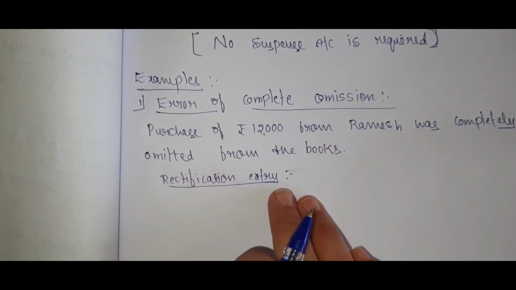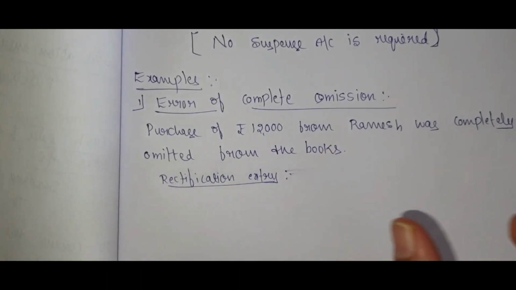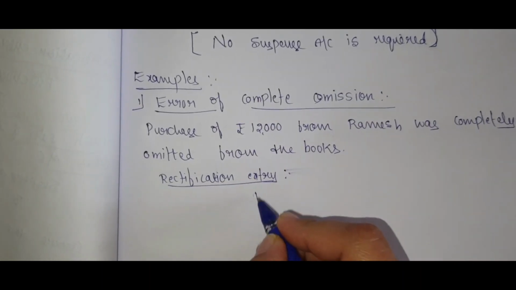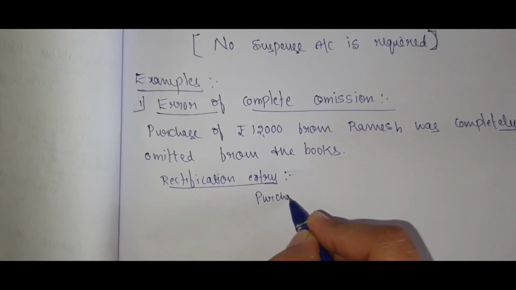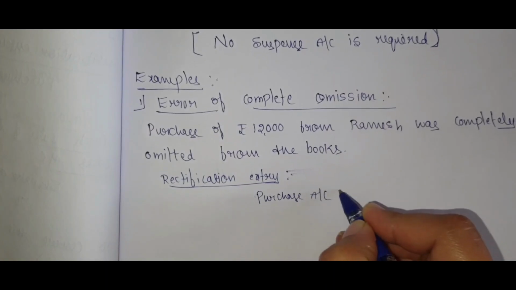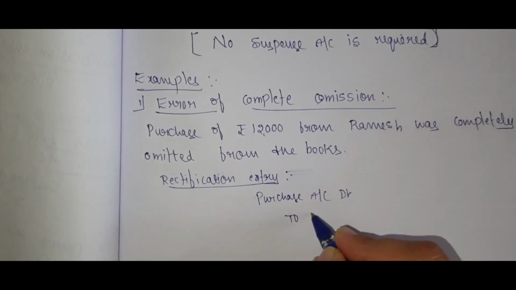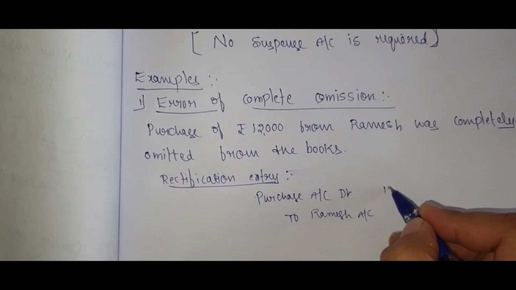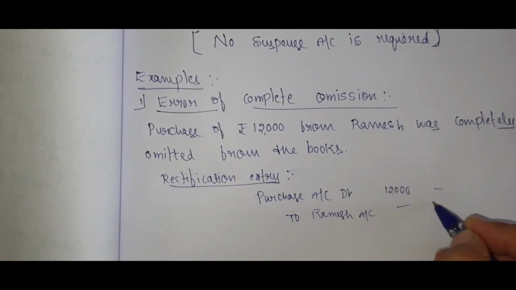The rectification entry: Purchase account debit, to Ramesh account, rupees 12,000.